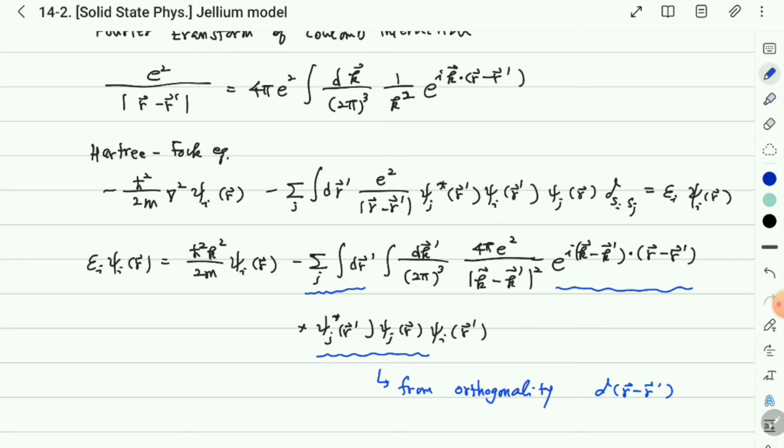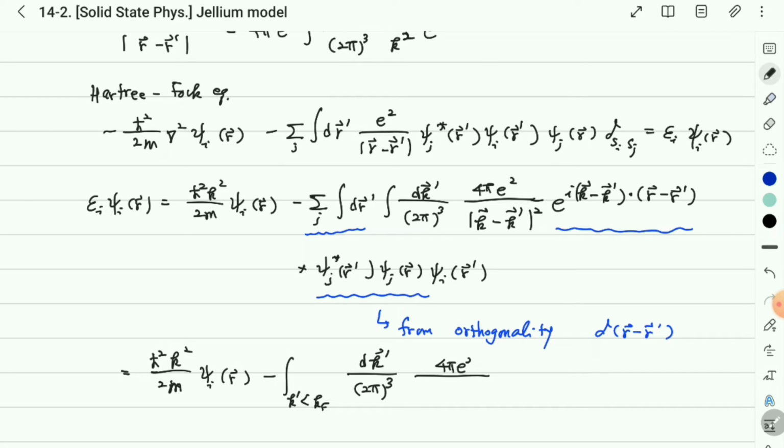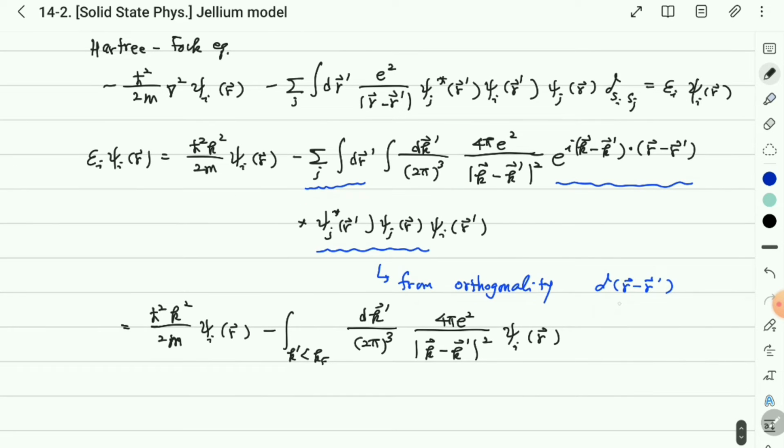It survives only when r equals r prime, and otherwise all terms equal zero. Therefore, let's write this term: h bar squared k squared over 2m psi_i(r), minus the integral over momentum space below the Fermi momentum, dk prime over (2 pi) cubed, of 4 pi e squared over |k minus k prime| squared, with psi_i(r prime) becoming psi_i(r) because of the orthogonality of this delta function.